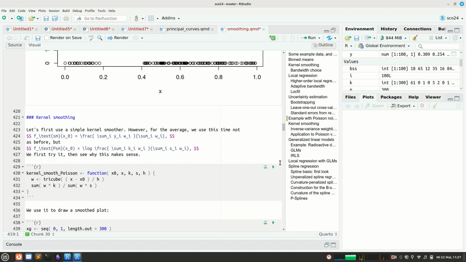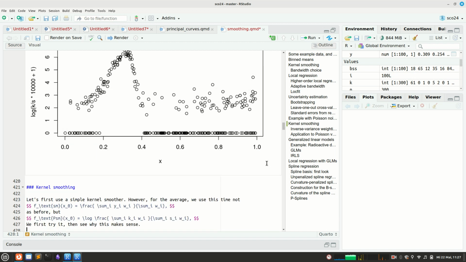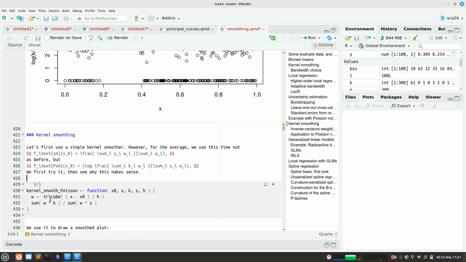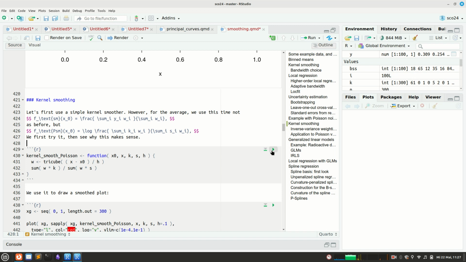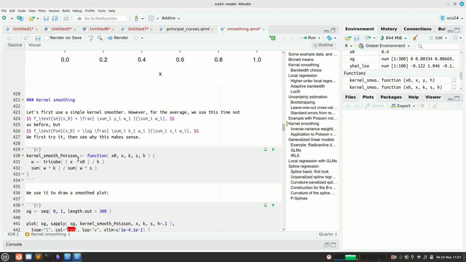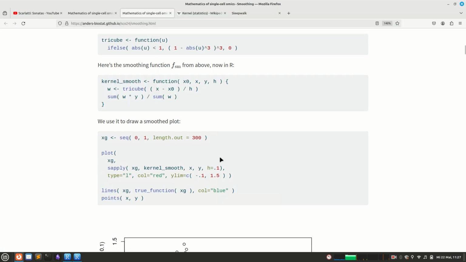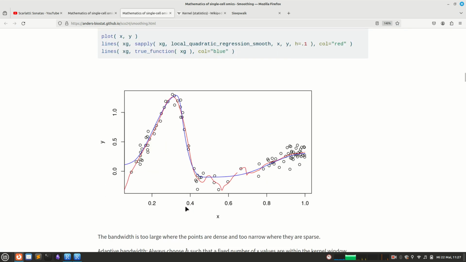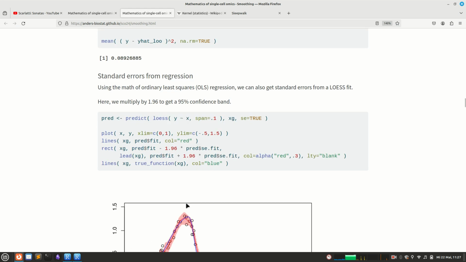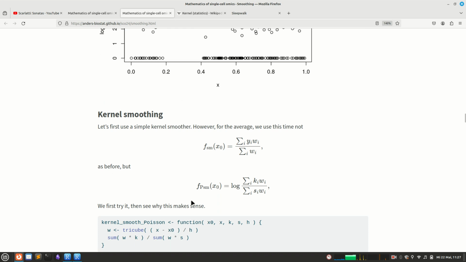So I could, of course, now use a standard kernel smoother on this value. Let's first do the kernel smoother.